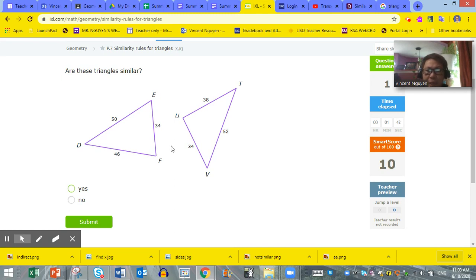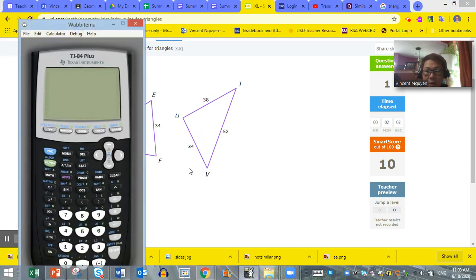So let's look at the first triangle. Look at the longest one. The longest one is 50, right? So that should match up to the longest one on the second one, which is 52. So what you do is you take 50, you divide it by 52. That's the first one. Open your calculator.